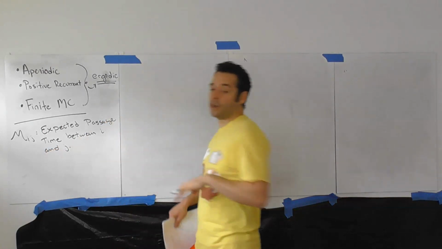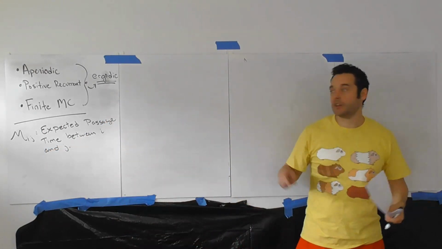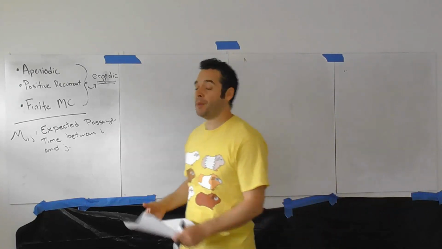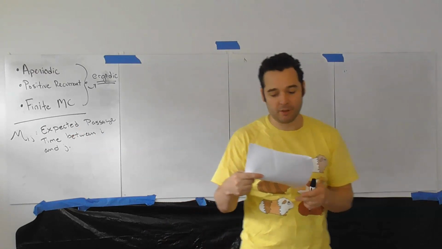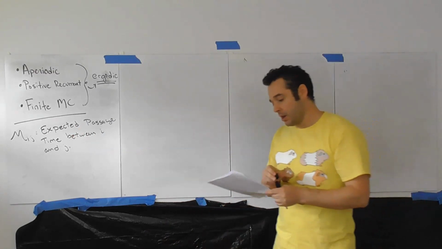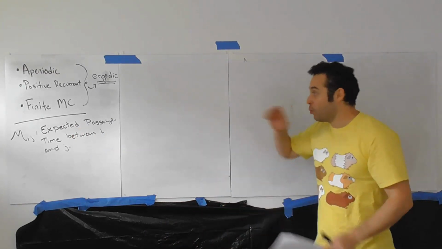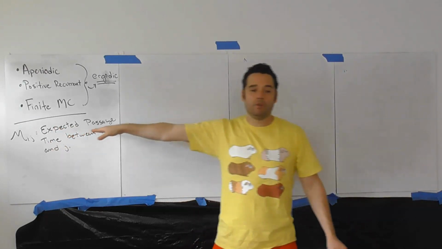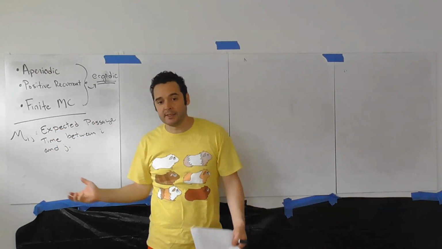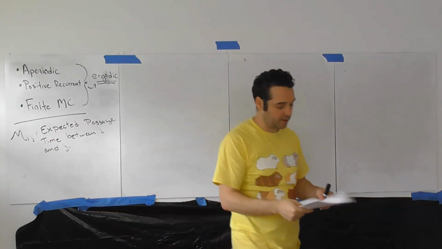So when i and j are the same, then we're talking about what is the expected passage time to return to state i, assuming we started at state i. So what we're going to do in this video is walk through how we solve for these passage times in a more general sense.